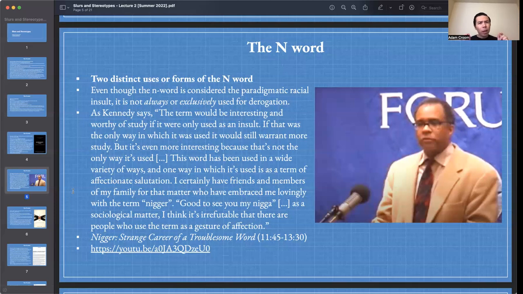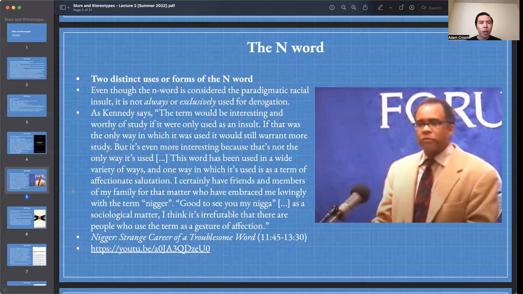And notice that this will also add more flexibility to our understanding of language. Instead of thinking of words as being always and only negative, or always and only positive, or always and only neutral, we can now start to think about how words like a slur can change from being neutral to negative, and then from negative to neutral to positive. And we can start asking questions about how the meaning and valence of words change.